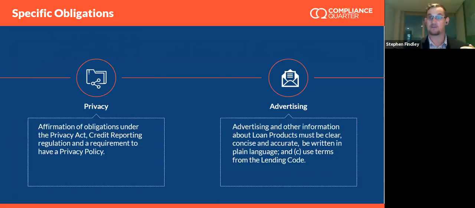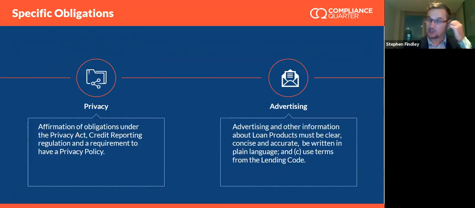But this code confirms no matter what the business, if they're a signatory to the code, they are subject to those privacy obligations. Similarly, credit reporting obligations under the Privacy Act and Credit Reporting Code. So the fintech business is required to have a credit reporting policy as well. These are all spelled out very clearly in the code.